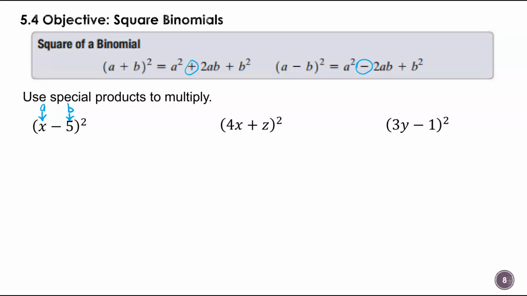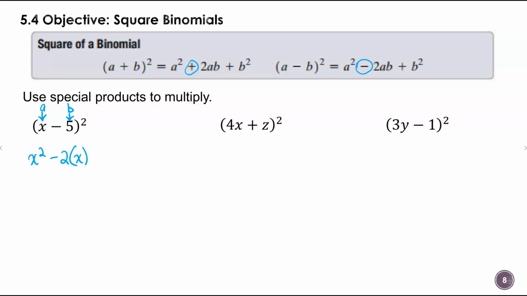Okay, so when we write this out, we're going to have the x squared minus 2, right, A times B, so x times 5, there's my A times B. And then I think I'll put these both in parentheses. Let's do that.